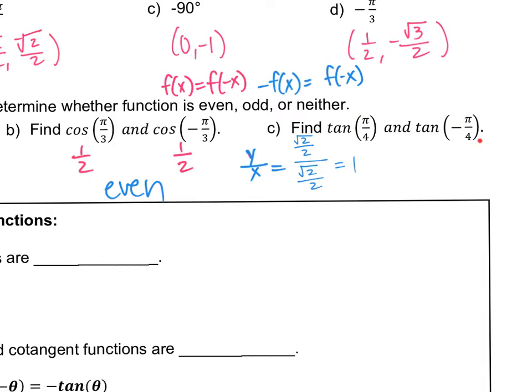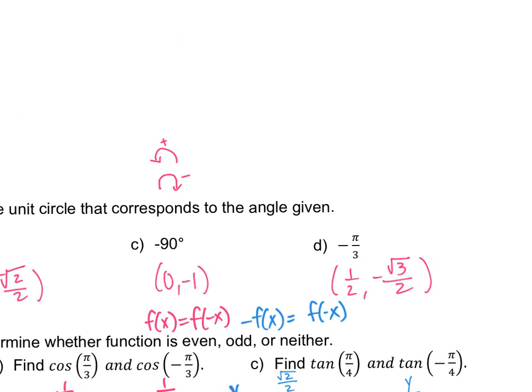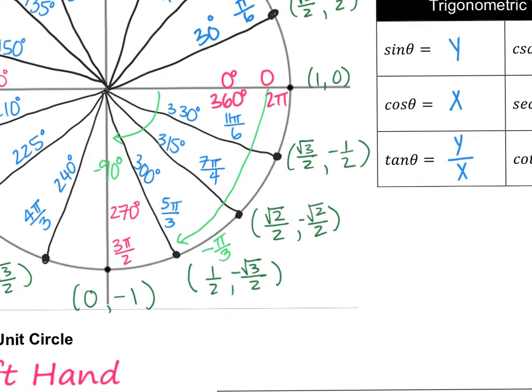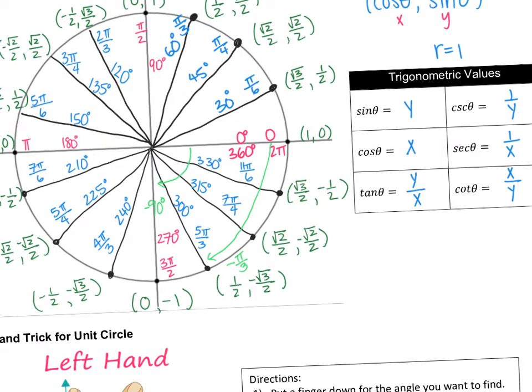Let's check out negative pi over 4. So for this one, again, I'm going to do y over x, but I'm going to do it for negative pi over 4. So I have to go back to the unit circle and look for that coordinate. So if this here is positive pi over 4, it's about 45 degrees. So I'm going to go in the negative 45 degree direction, which would land me about right here at 315 degrees. So I'm taking 360, subtracting 45.